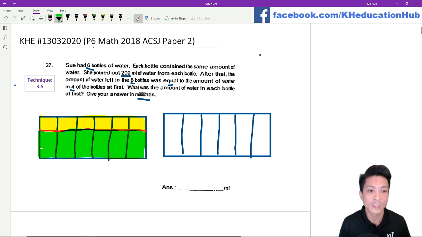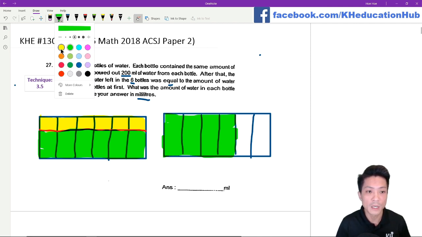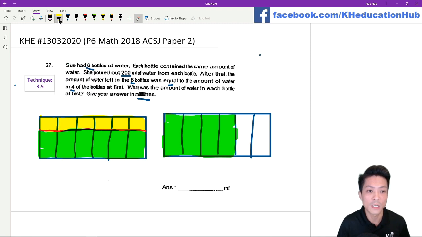The amount of water left, which is the highlighted green part, will be able to fill up 4 bottles, right? So it's going to fill up 4 bottles. Which means that by now you should realize the amount of water that was poured out is able to fill up the remaining 2 bottles.